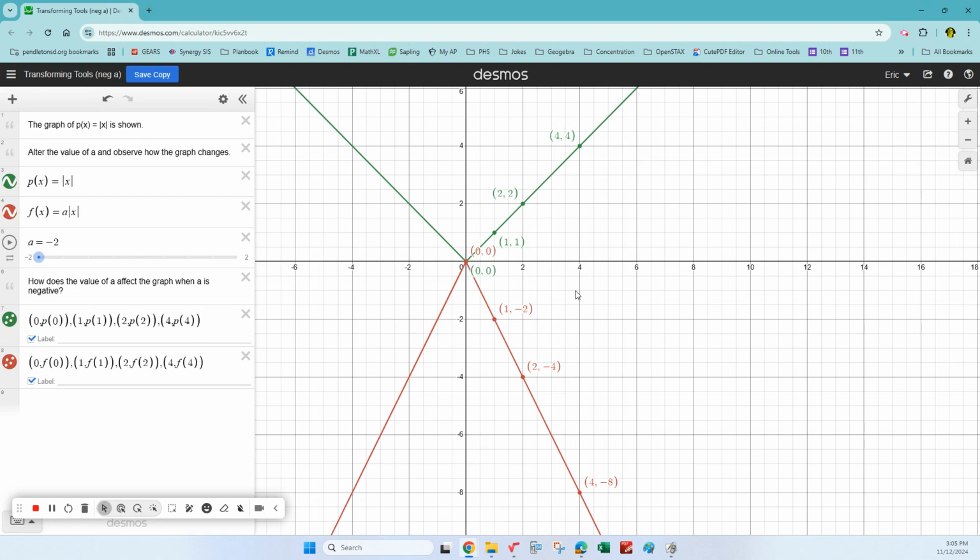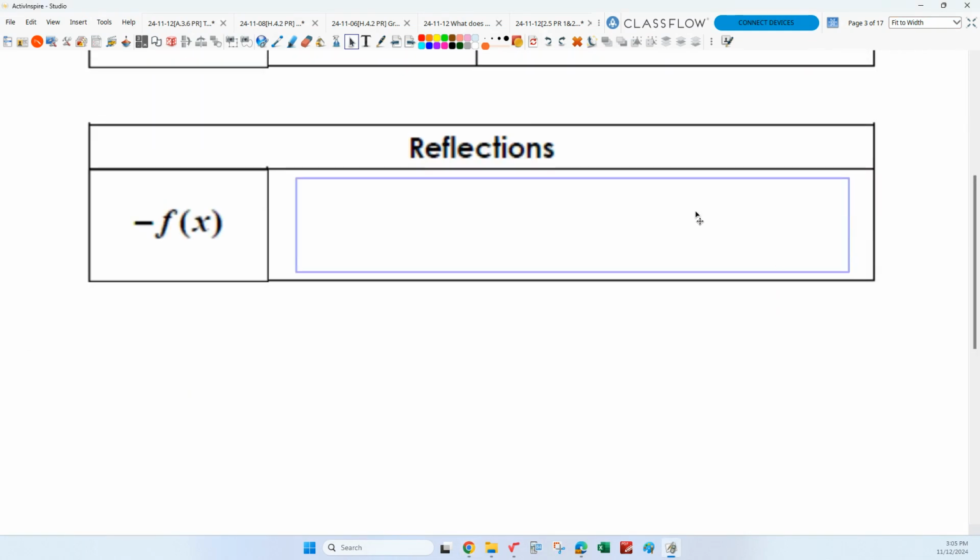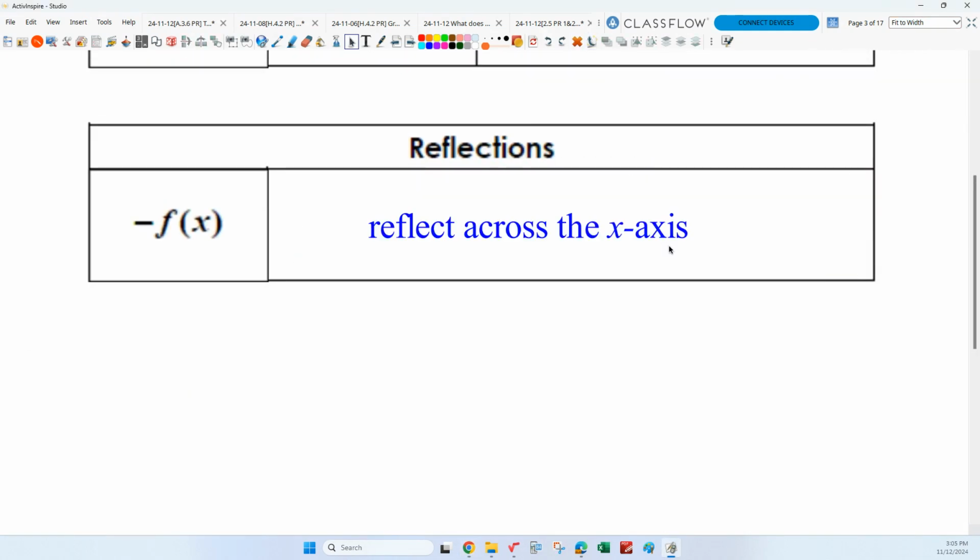How do you go up -8? What's that mean? Yeah, going up -8 means going down 8, doesn't it? So I go right 4 and down 8, and there I am. Okay, make sense? Yeah. All right. So the negative part of a just ends up reflecting the function so it opens the other direction, so it opens down. Okay?